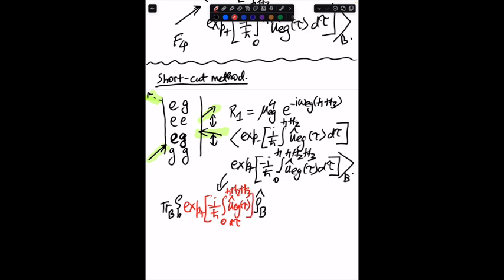And on the bra side, you have the negative time ordered exponential from t1 to t1 plus t2 of mu eg of tau, d tau.